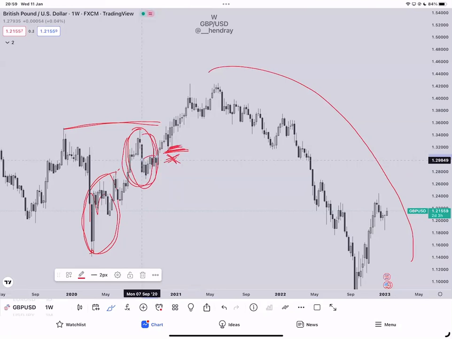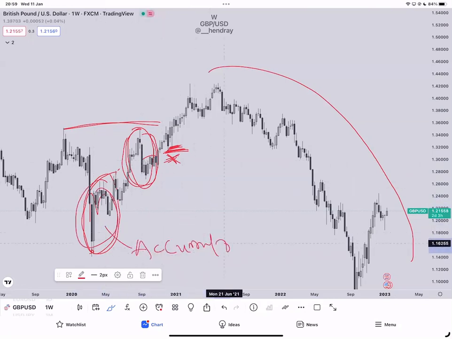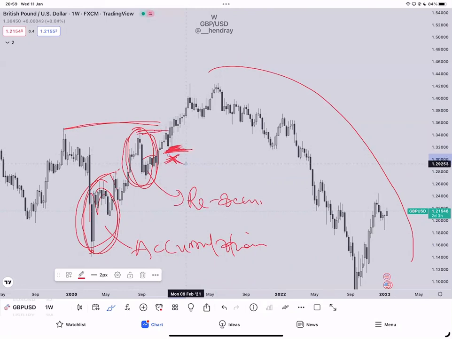All right. So what I was saying is here we have our accumulation. So we have our reaccumulation. Then after we break above the high of reaccumulation, the immediate low of it is the X. That is the liquidity for reaccumulation.